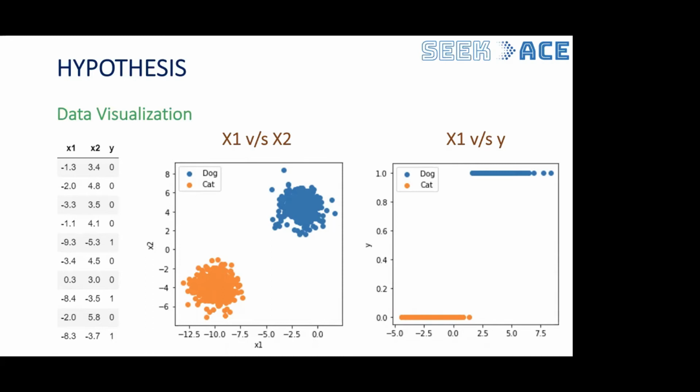So in logistic regression, we want to learn that boundary. If we know the equation of the line that can divide these two spaces, then we can say that this side of the line will be cat and this side of the line will be dog.